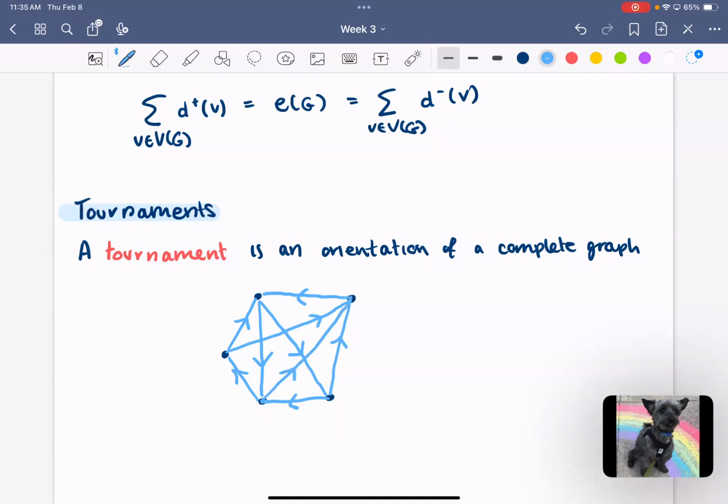We might have something like that. Wait, did I get all of them? I'm missing one here. Then this could be modeling some kind of competition between teams.